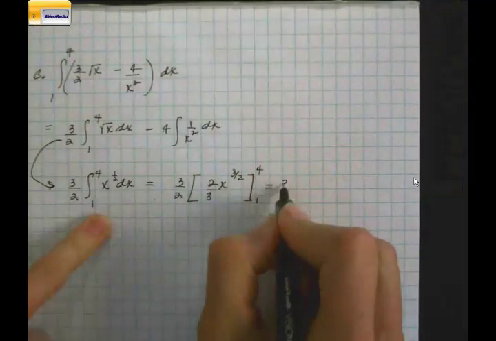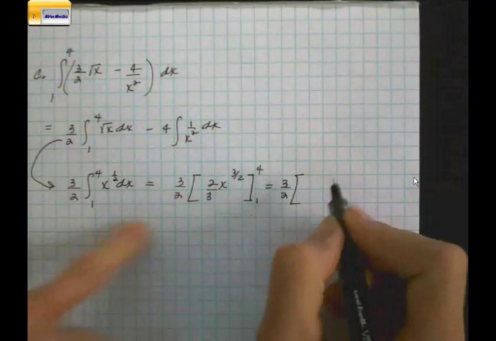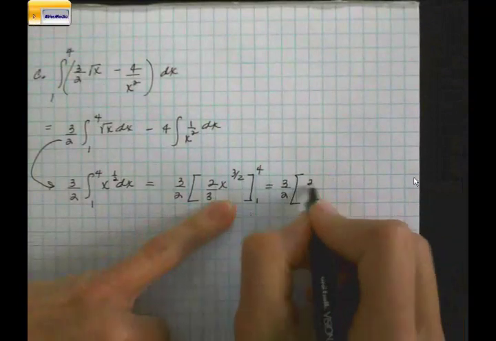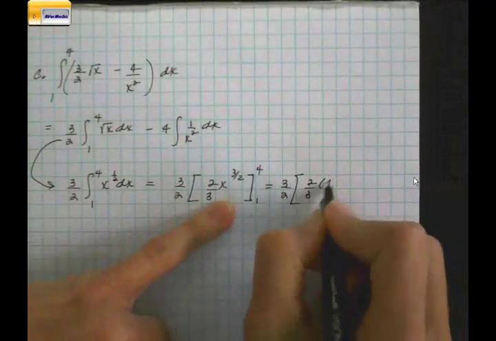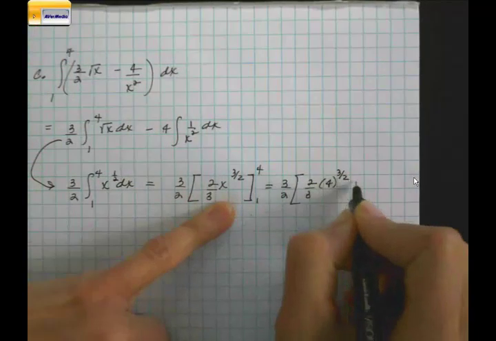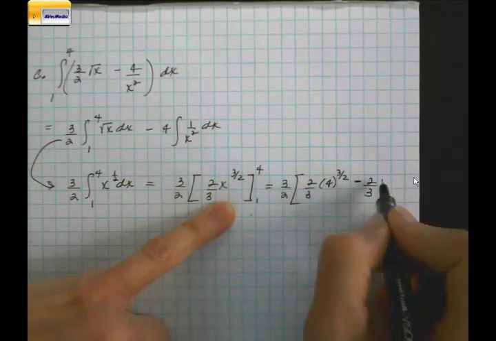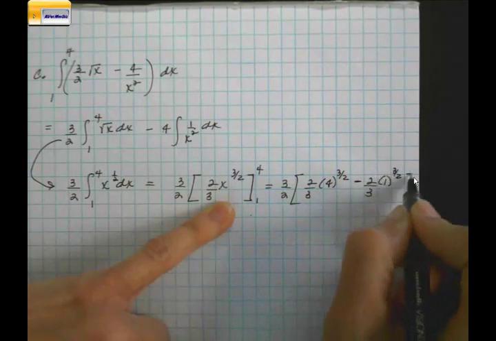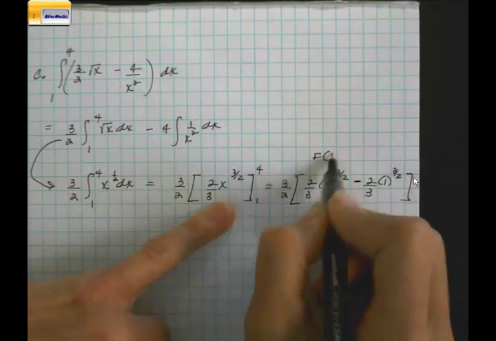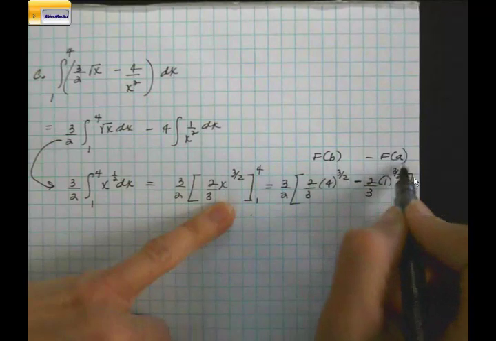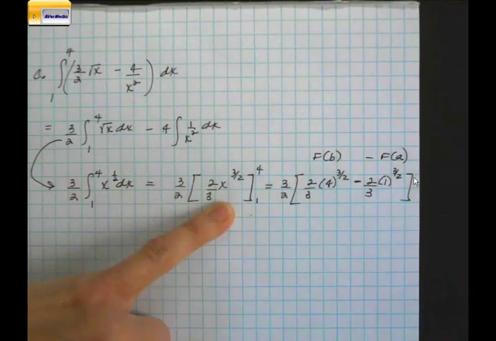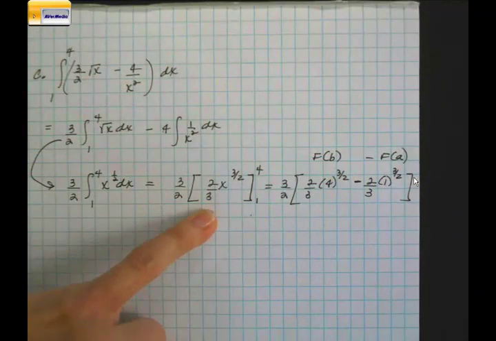So this equals 3 halves times, put the 4 in here first, 2/3 times 4 to the 3 halves power minus the lower limit, 2/3 times 1 to the 3 halves power. This is your f of b minus your f of a, which is put the 4 in and then put the 1 in to the antiderivative.